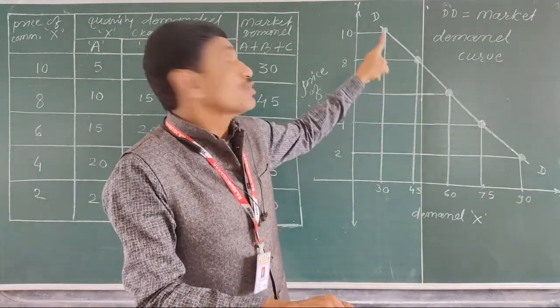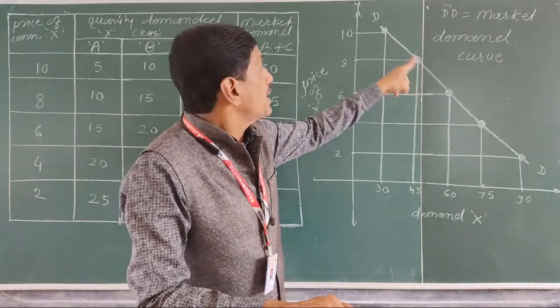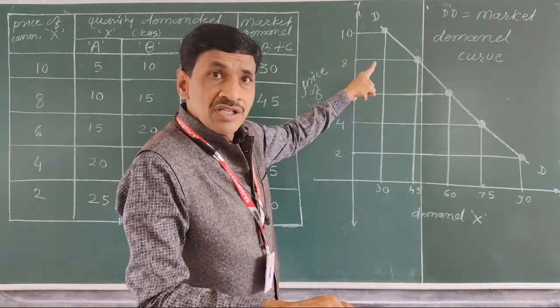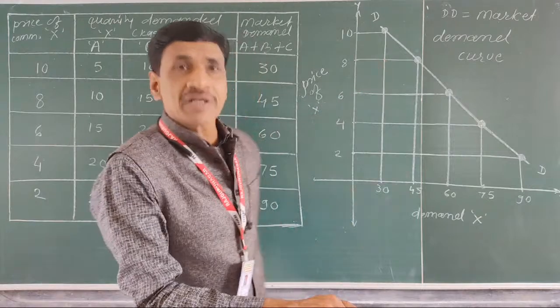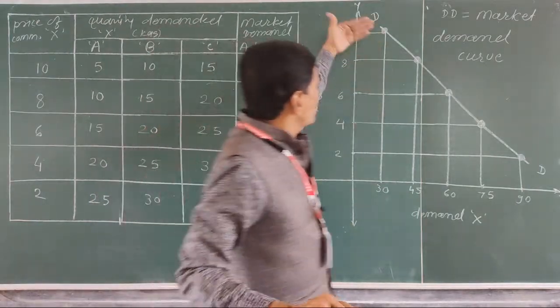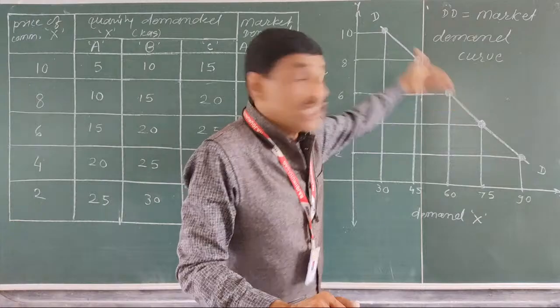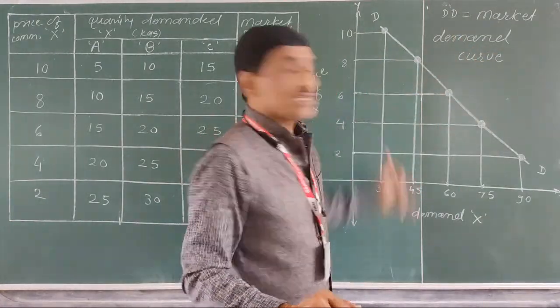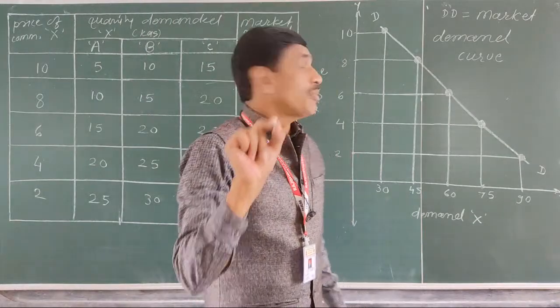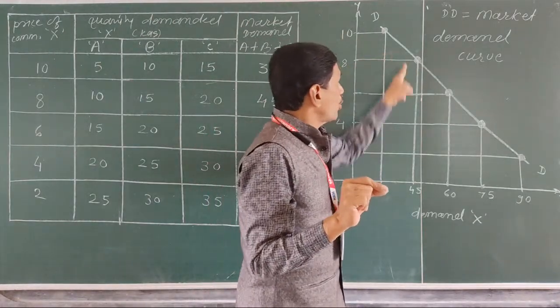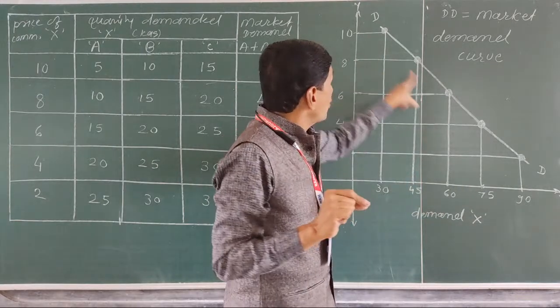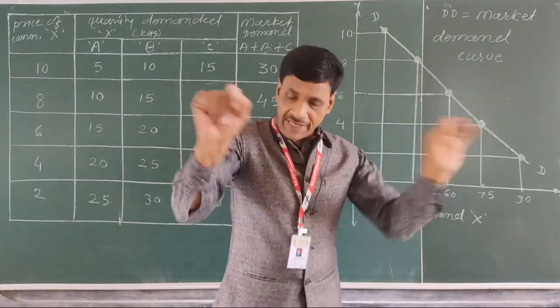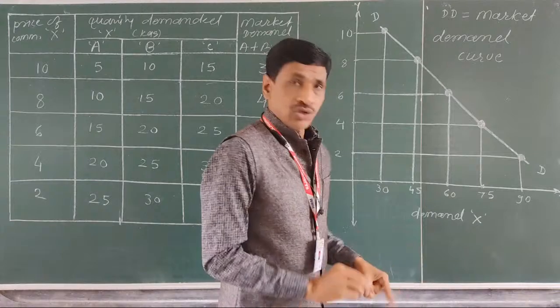The main feature of that curve is slope. Slope of market demand curve is downward. This movement, look at that. This movement downward from left to right. That means the main feature of market demand is that the slope of the demand curve is downward from left to right. Which curve?